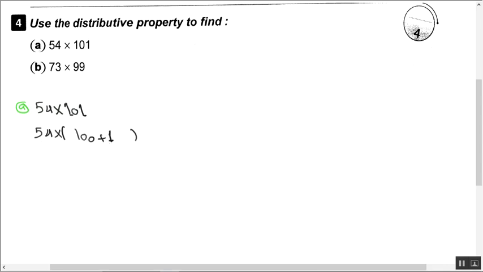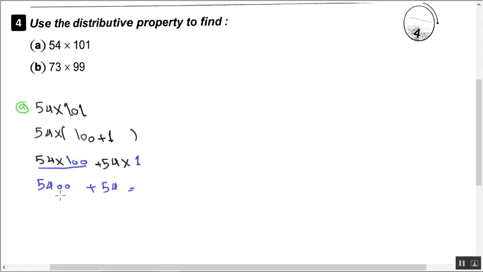So here we write 54 times 100 and also 54 times 1. 54 times 100, we write 54 and 2 zeros from the right side, 5,400, and 54 times 1 equals 54.